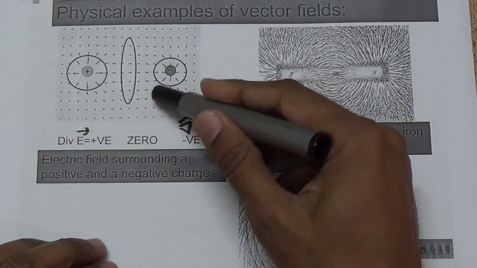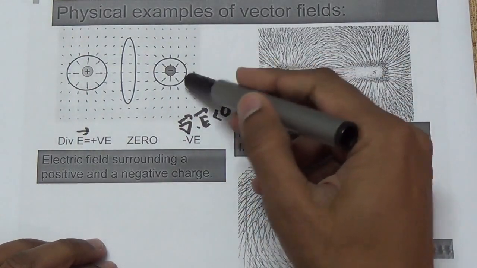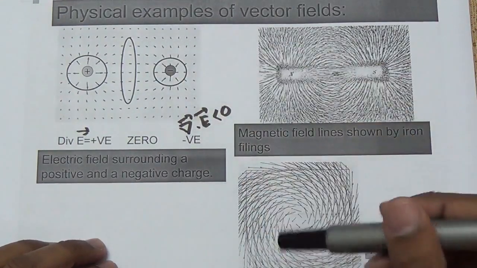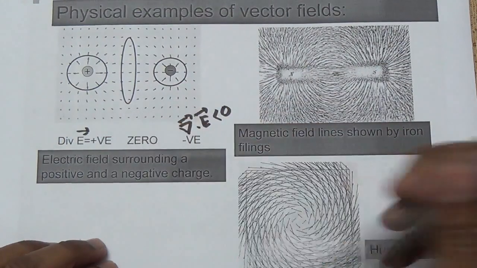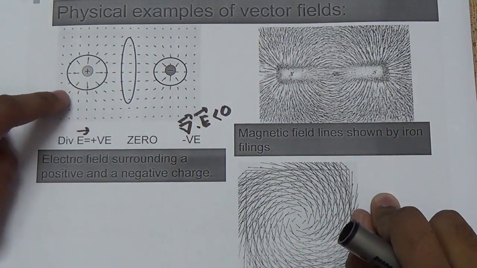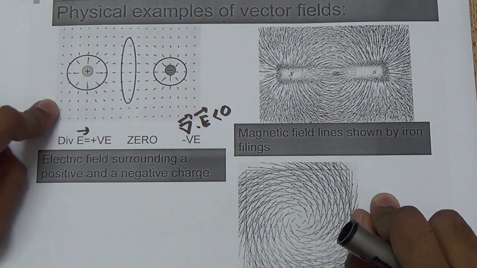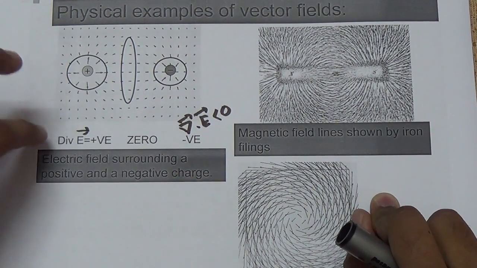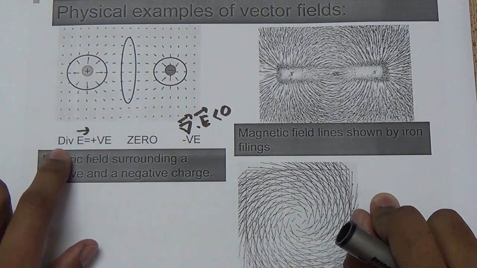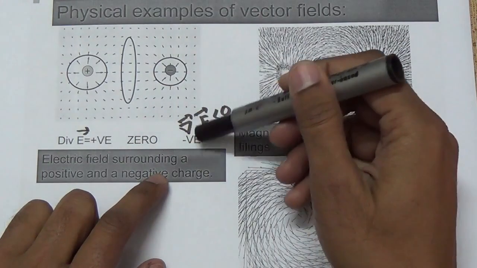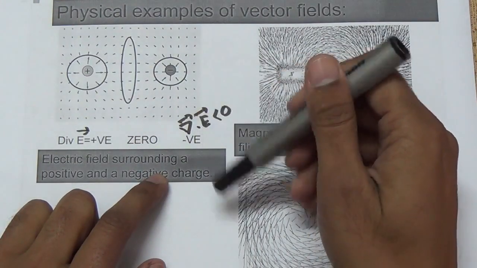Here electric flux is in the inward direction, and this inward is in reference to this closed surface. So this is the nature of the electric flux, electric field. Here outward, here inward. So outward basically indicates positive divergence. Here inward flux represents negative divergence.